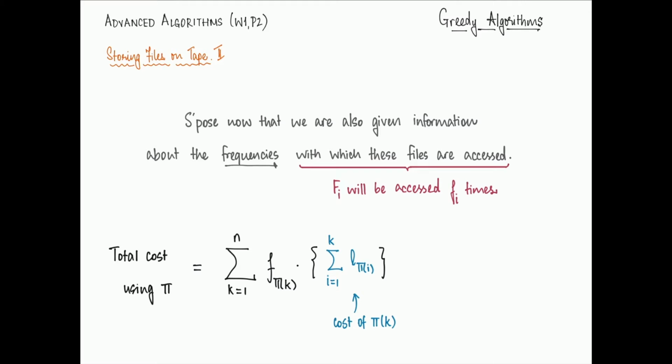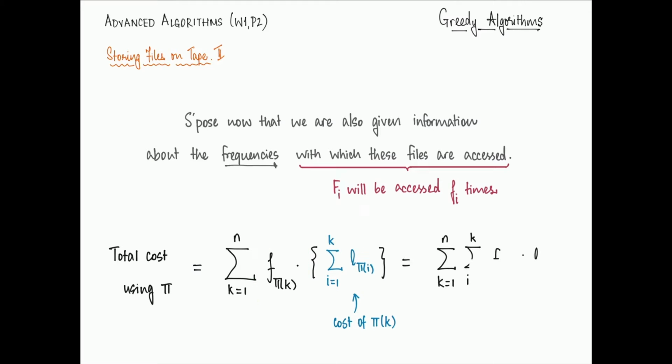So that's essentially what we have here in notation. What we are saying here in this expression is that for the kth file, look at the frequency with which we know we are going to access this file, and this expression here captures the cost of each of these accesses.